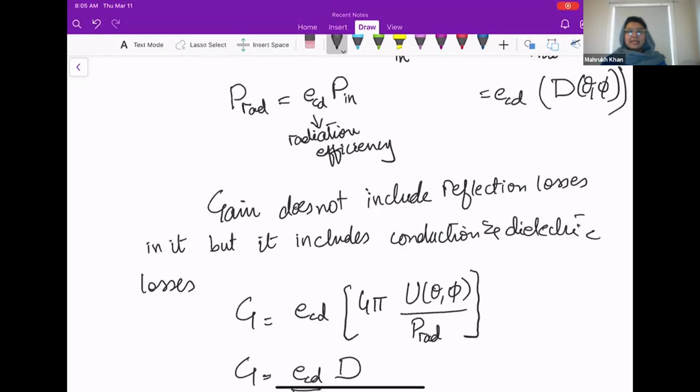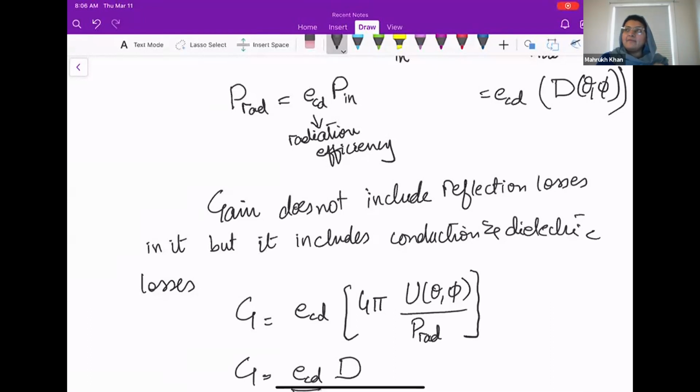Okay, let's think about it. What I'm trying to say is that, let's say you have an ideal scenario, in which you have an ideal antenna in which there are no losses. So in that case, your gain and directivity will be equal, right? Okay.